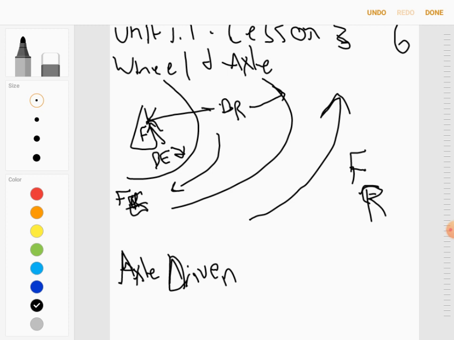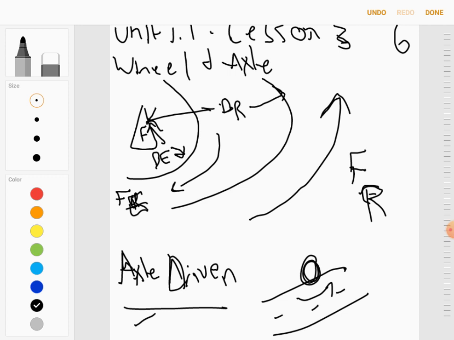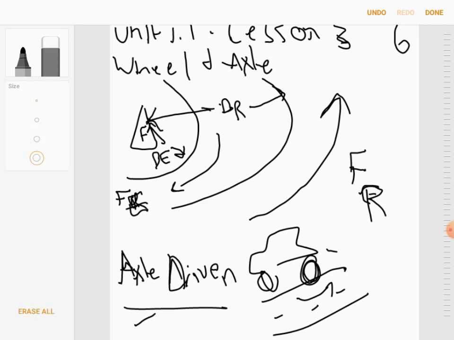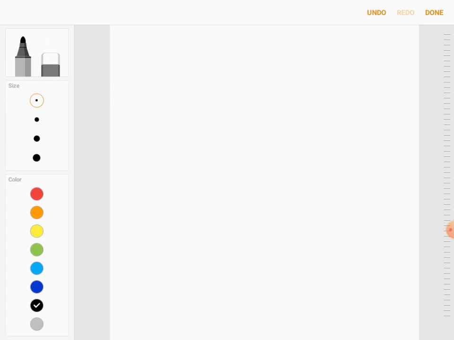So that's axle driven, and you can see why, because the effort is here at the base of the wheel, and the resistance force is this part of the tire that is rubbing on the road. It's a terrible drawing of a car, but there's going to be some resistance, and the effort is at the axle, because it's coming from the axle. So that is what it is for an axle driven.